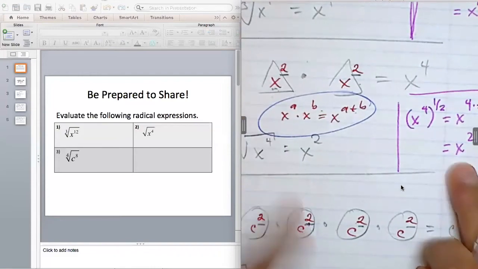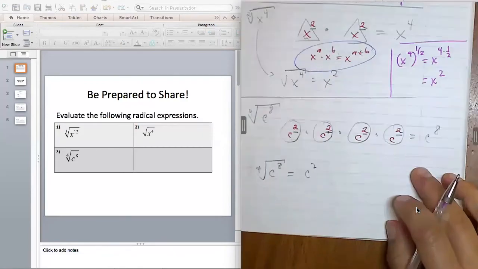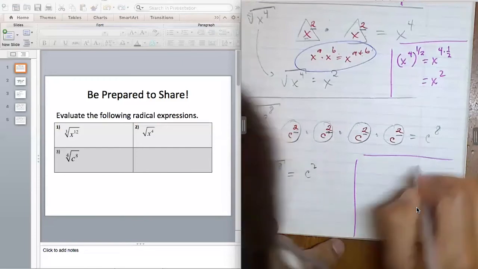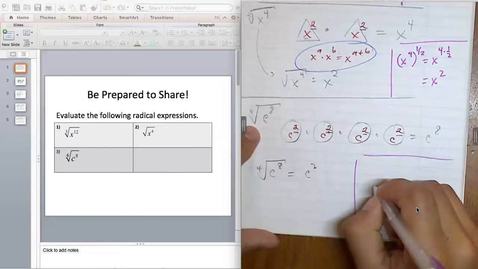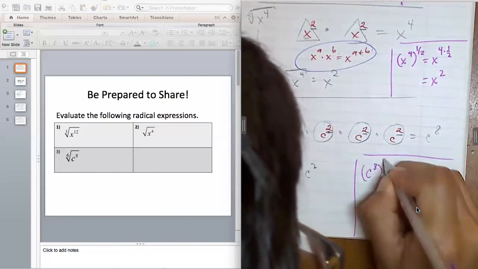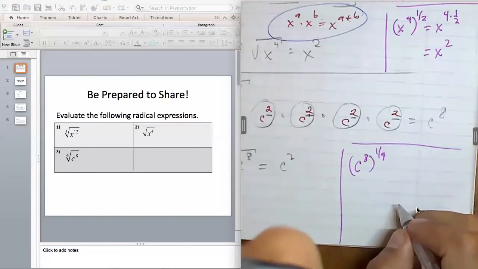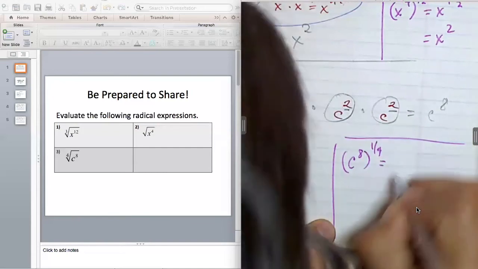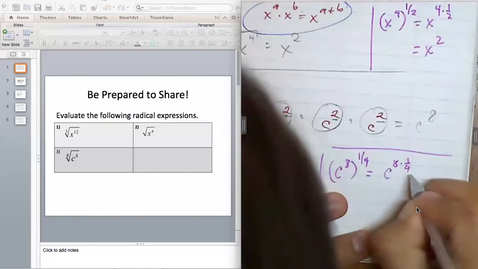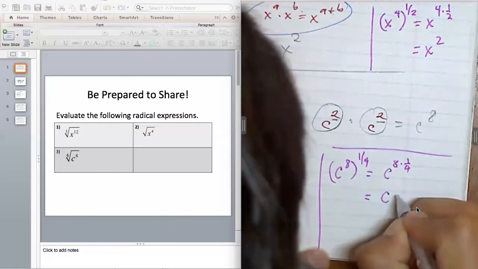And then similarly over here for the fourth root of c to the 8, rewrite the fourth root as c to the 8, all to the 1/4. And then 8 times 1/4 is, you got it, c squared.